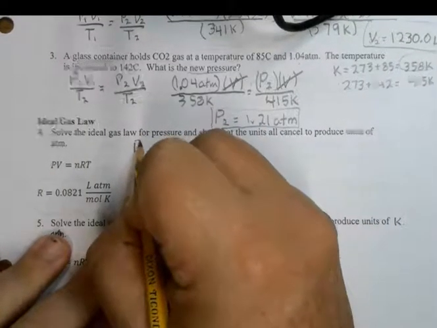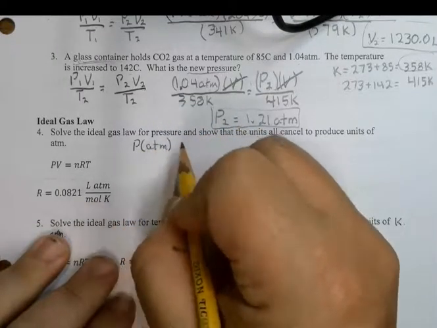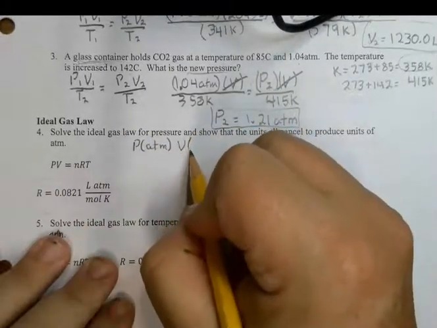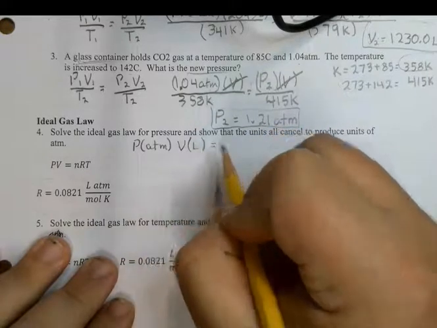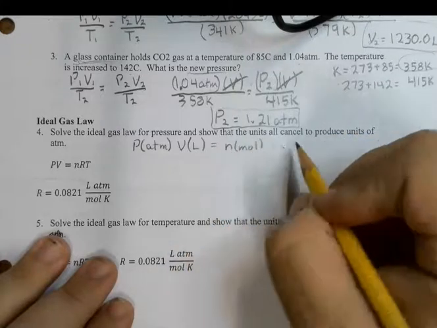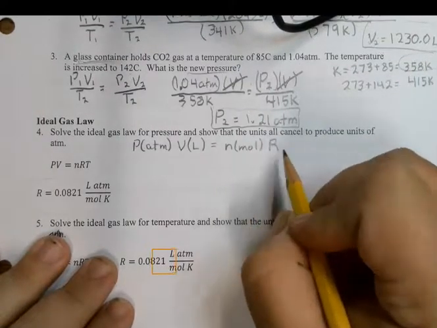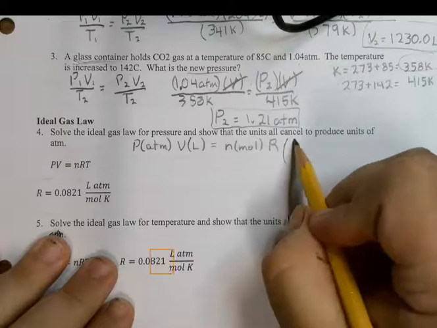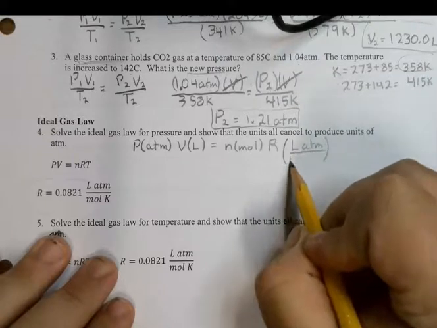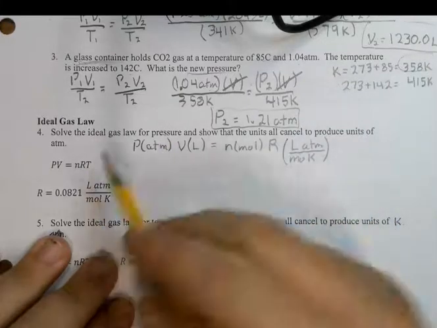So pressure in atmospheres times volume, just following the formula, in liters equals n in moles times R, which is in liter atmospheres over mole Kelvin, times T, which is in Kelvin.